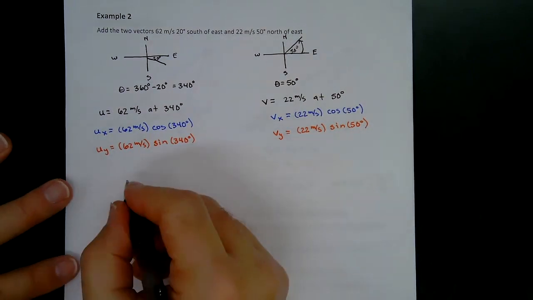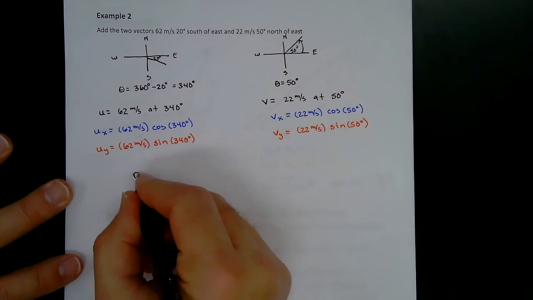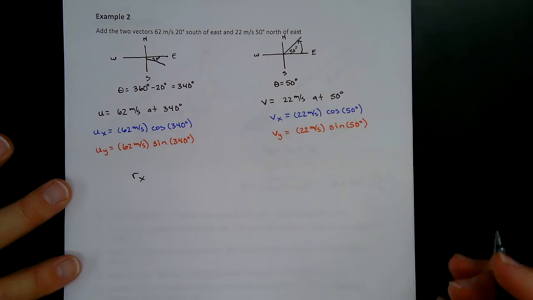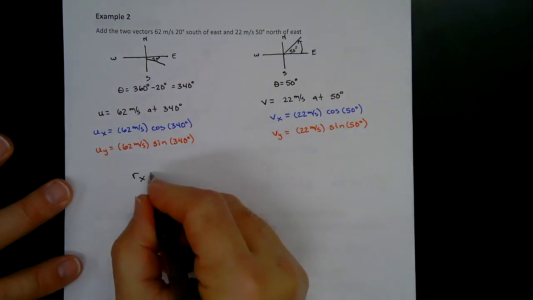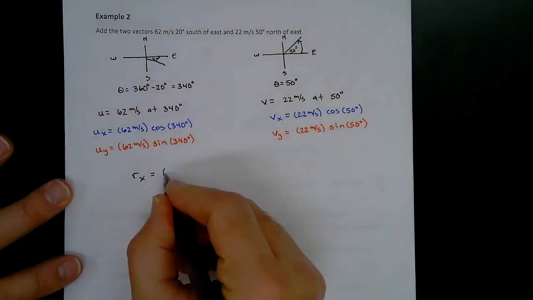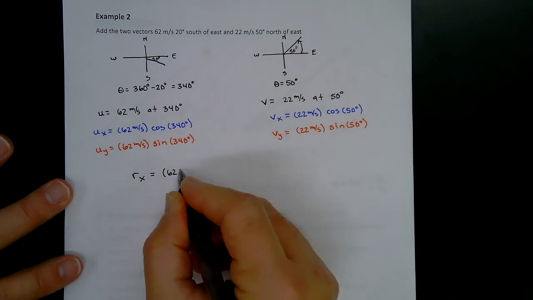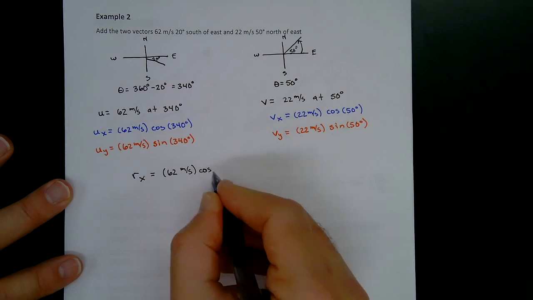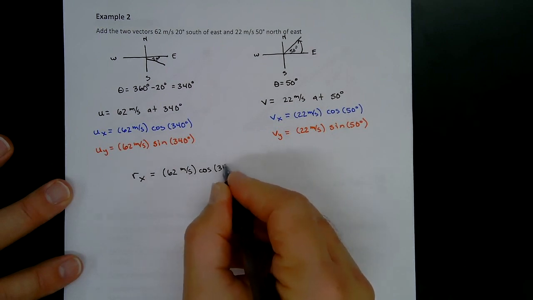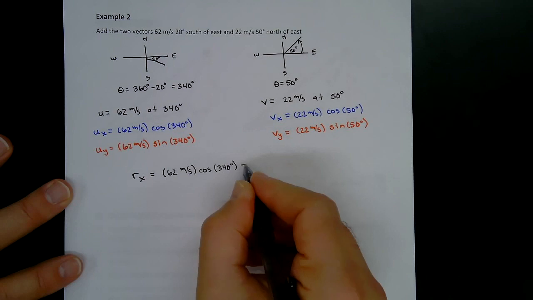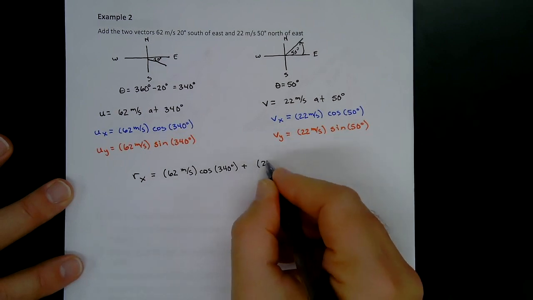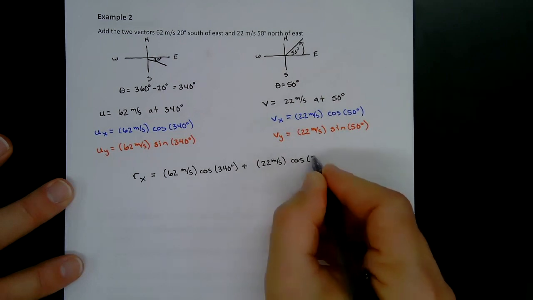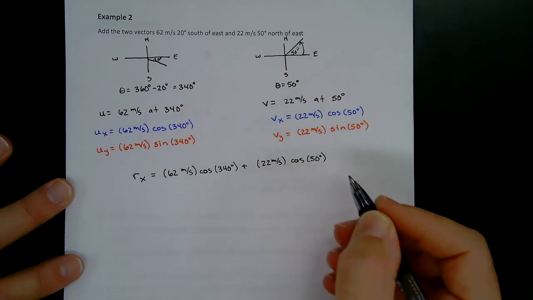Okay, so that means my r sub x, my resultant vector, right? The vector I'm trying to figure out, okay? The horizontal component would come from taking 62 meters per second cosine of 340 degrees and adding to that 22 meters per second cosine of 50 degrees.